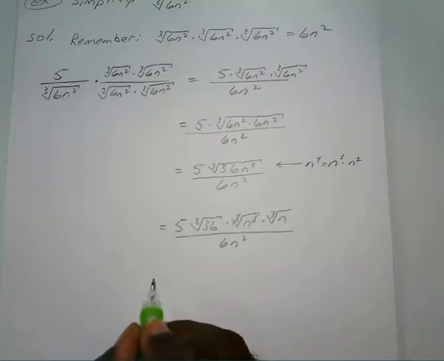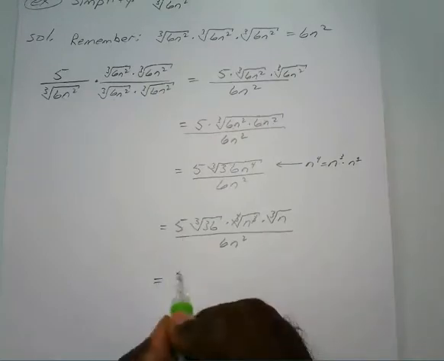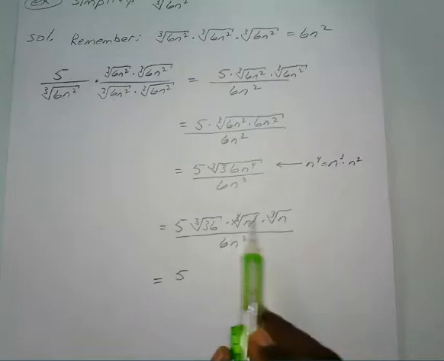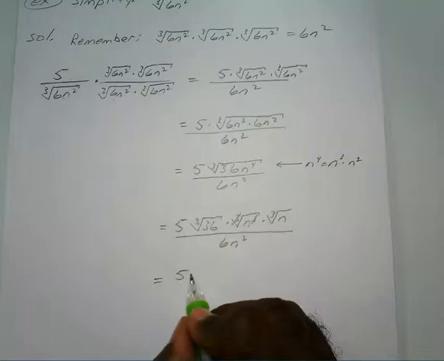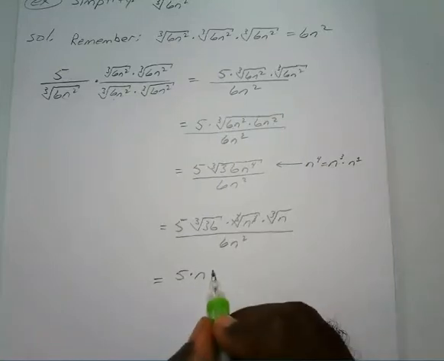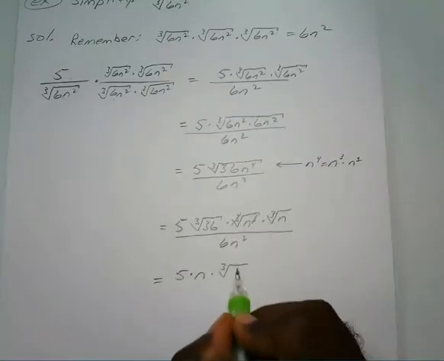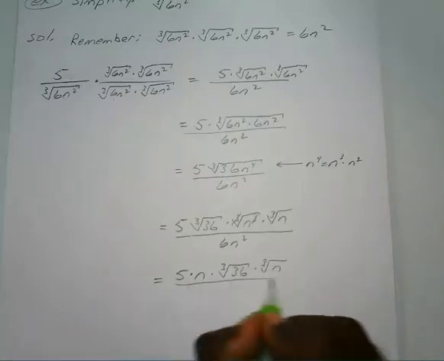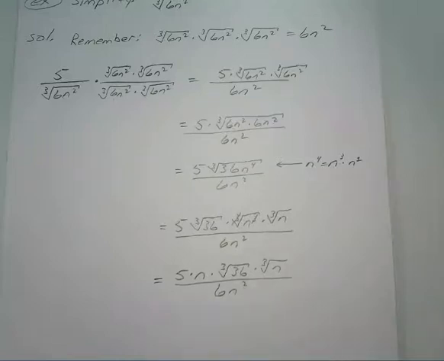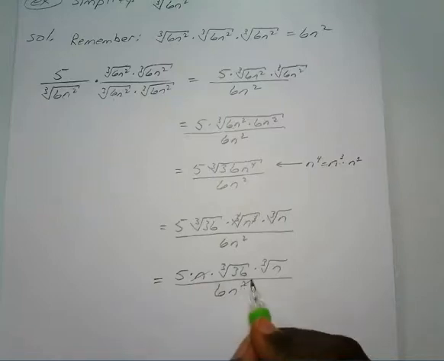All right, so that's going to equal, you have 5. Since the index and exponent cancel each other out, that's just n. Okay, so 5 times n times cube root of 36 times cube root of n, all over 6n squared. All right. So now if you look closely, this n cancels out with one of those n's, because n squared is just n times n.